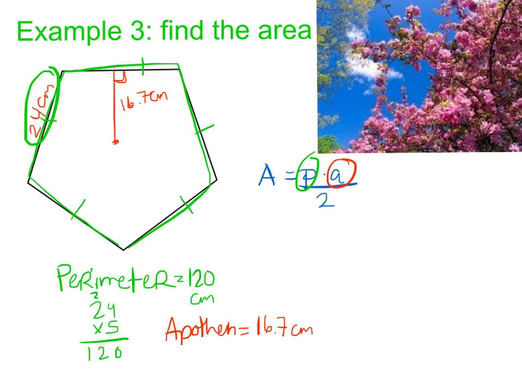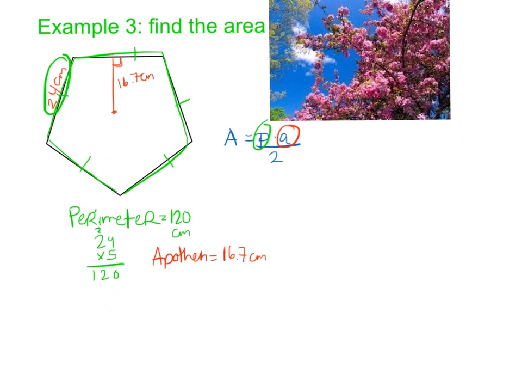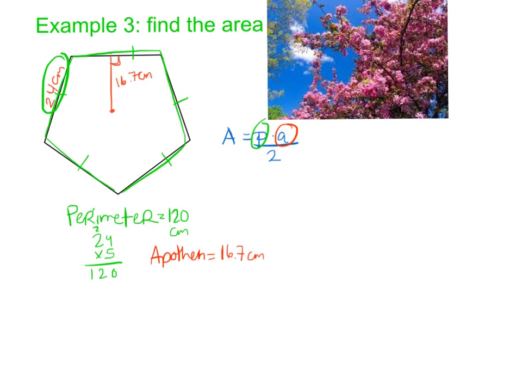No calculations necessary. But this part is going to require a little bit of calculation, so here we go. So my area is the perimeter, 120 centimeters, times the apothem length, 16.7 centimeters, cut in half.